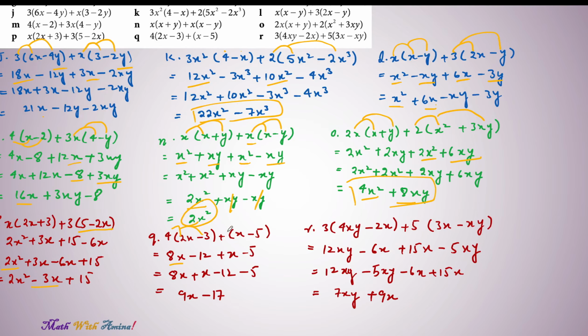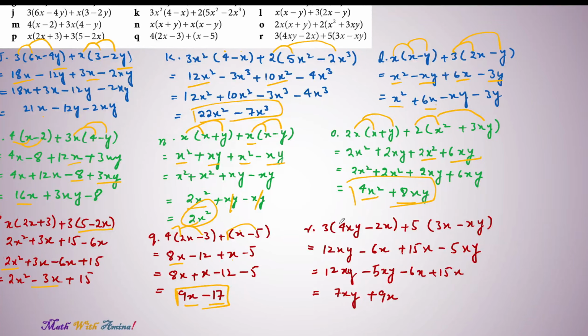In here there is no value, it means it is 1, so plus 1 multiplied by x, we get plus x, and plus 1 multiplied by minus 5, we get minus 5. Now combining the like terms, 8x plus x minus 12 minus 5: 8x plus x is equal to 9x, and minus 12 minus 5 is equal to minus 17. So this would be the simplified expression after expanding and combining the like terms.